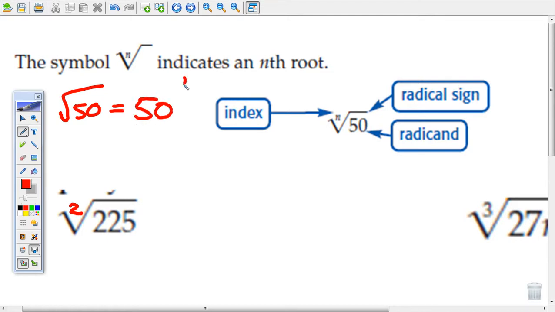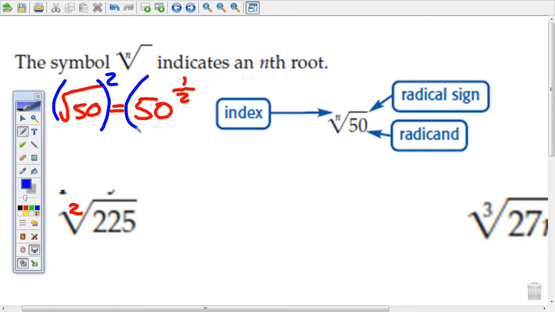Yes, 50 to the half power. It's going to make it a lot easier because how do you get rid of the square root? What would you normally do? You would square both sides, right? So you would square it, and then when you square, you learn that that undoes the square root sign.